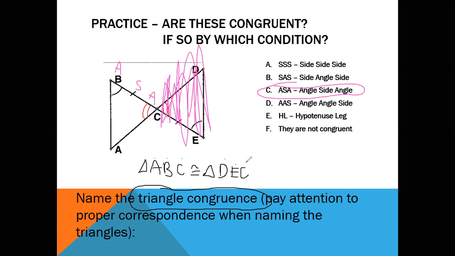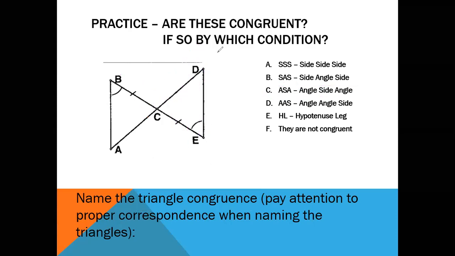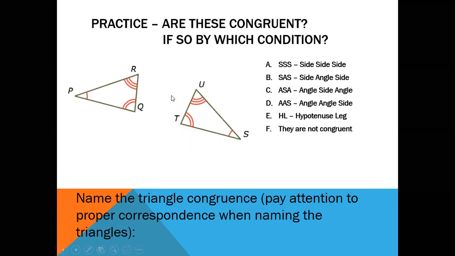Does anybody have a question? We're going to do some more practice of this. Here's another one. Somebody who has not answered today, what do you see on this one?